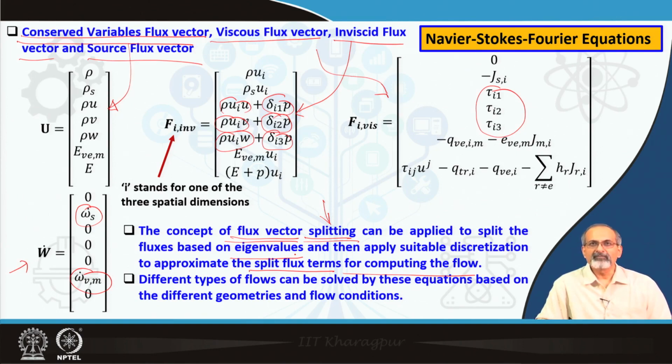Then we split them into their positive and negative values and order them in terms of increasing magnitude, and then we deal with them in terms of the numerical discretization. So, that is basically the idea.